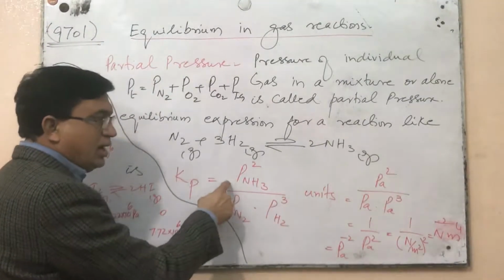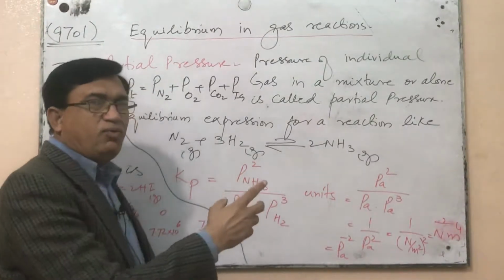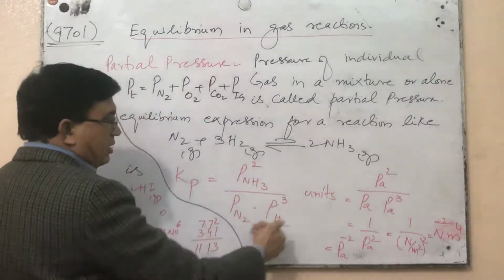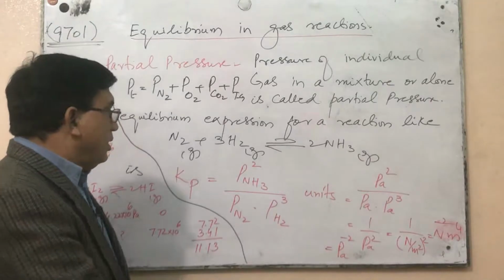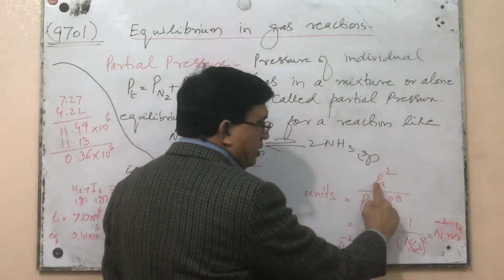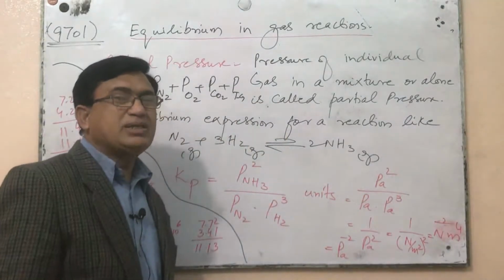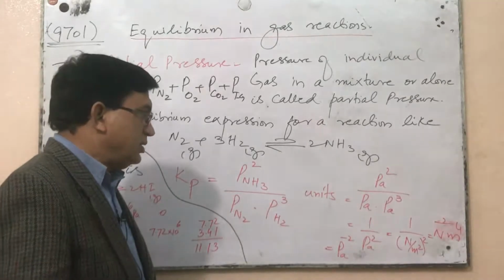In Kp we will not use brackets. We will use P instead for the partial pressure, and the rest of the expression is written the same way. Now, if we write the expression, we can use Pa, Pascal, to indicate the pressure.